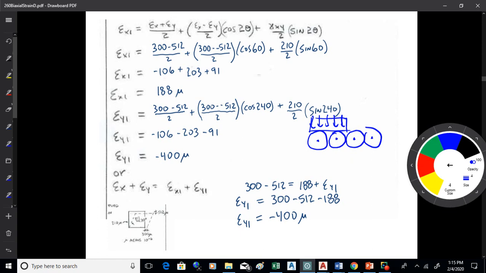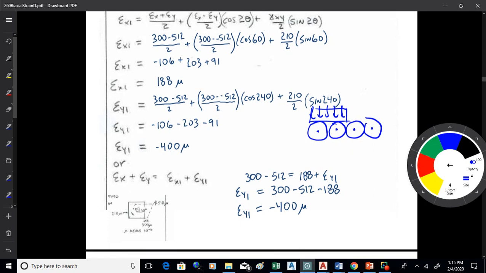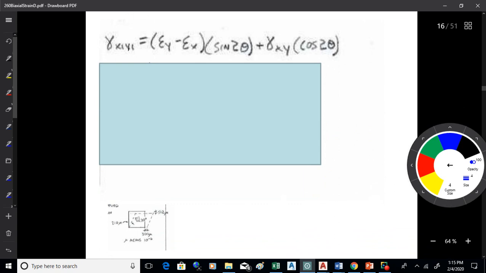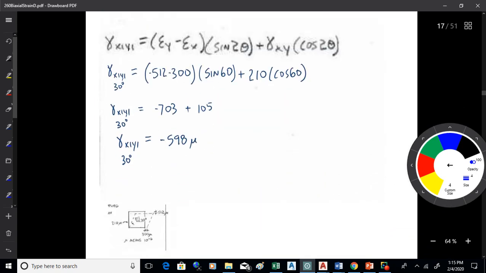So why don't we look at the shear strain here? You just plug it into that equation, and that's really about it, and you get negative 598. So what we've got here is that if you run these equations, you can find the strains at a given angle. The assumption is you know the strains in the x and y directions, so now you can find the strains at an angle. That's the basic deal.